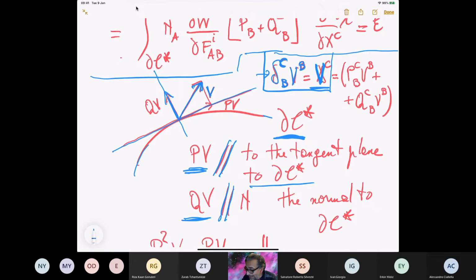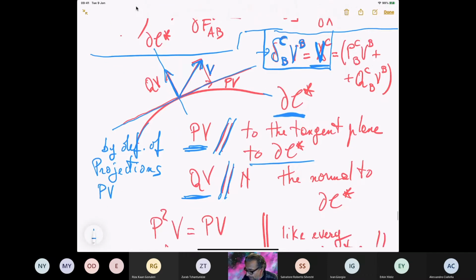By definition of projections, PV plus QV is equal to V, because the sum of this projection plus that projection gives exactly V. This is understandable, clear, based on geometry.